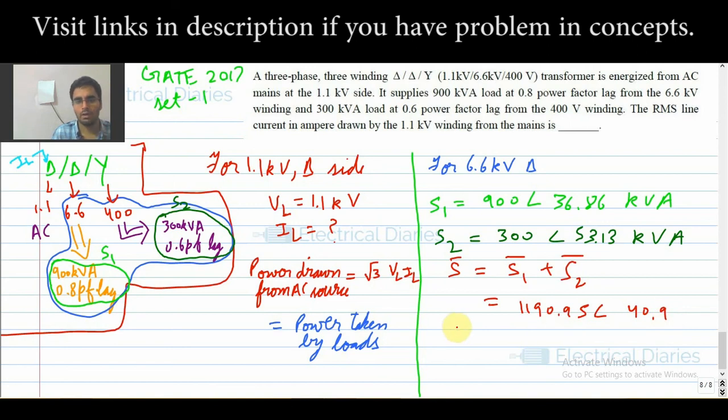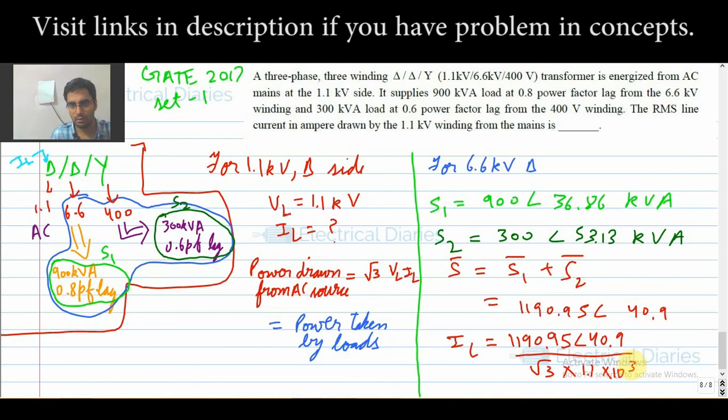Now you can equate this to root 3 VL IL. So your IL will come out to be 1190.95 at an angle 40.9, divided by root 3 into VL. VL is 1.1 kV, that is into 10 to the power 3.